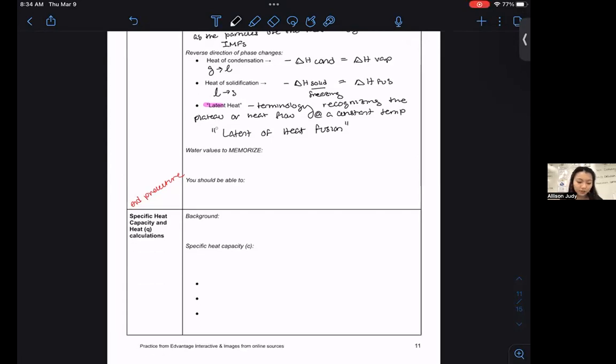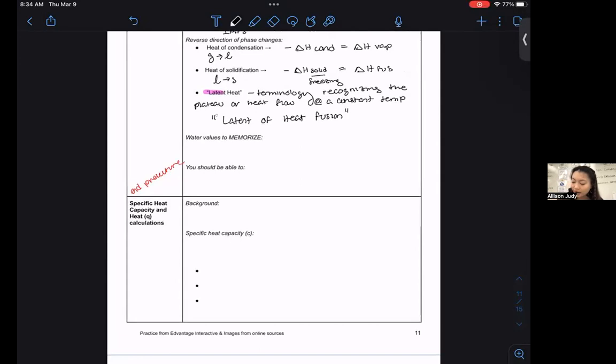So here's a quick recommendation. I would highly recommend that you memorize the following values if you haven't already: the melting point for water is 0 degrees Celsius, and the boiling point is 100 degrees Celsius. You might also want to be familiar with them in Kelvin.